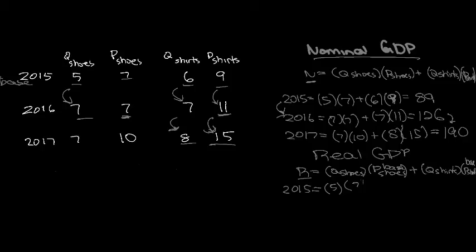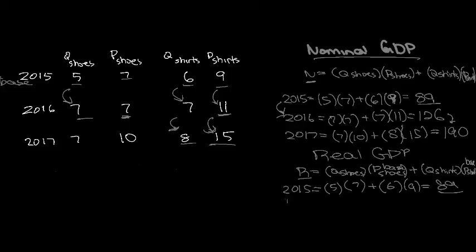So it is 7, plus the quantity of the shirts of the current year times the price of the base year, to get the 89, which, as you'll notice, is the same as the nominal GDP for the base year because the prices and the quantities are exactly the same.